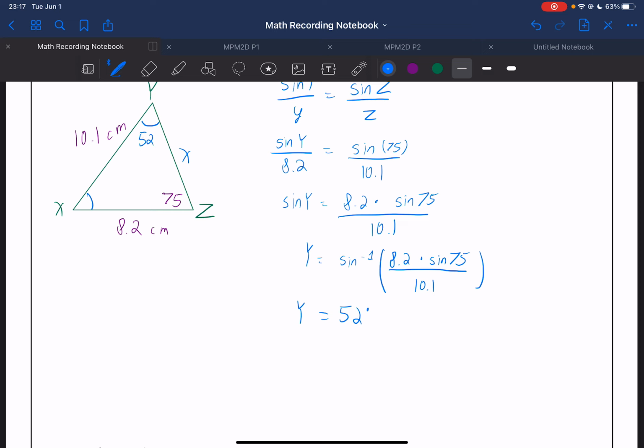What we're going to do at this point is now solve what angle x is. We're going to use the rule that all interior angles of a triangle add up to 180. So angle x equals 180 minus angle y minus angle z, so 180 minus 52 minus 75. That's going to give us an angle of 53 for x. So now we know that.